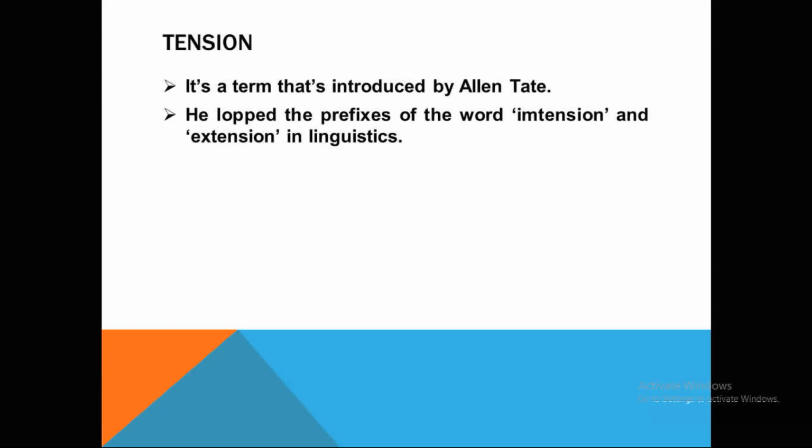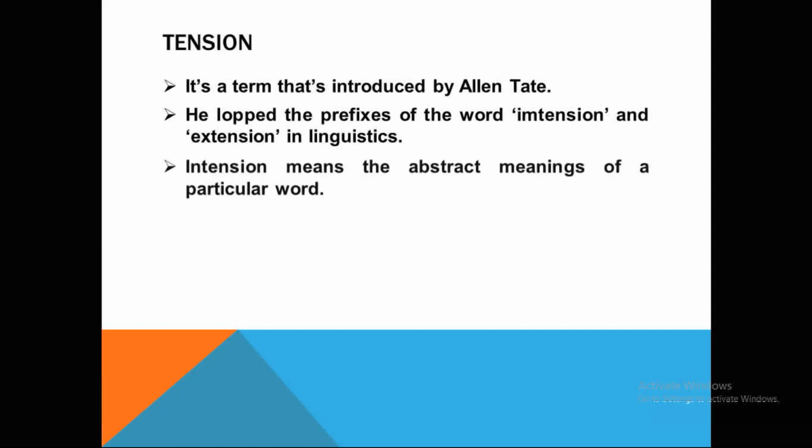For example, if I say the word crown, it has some relationship with the collective unconscious also. Abstract meaning, in the sense that crown can give an abstract meaning of power. It can give an abstract meaning of kingship.